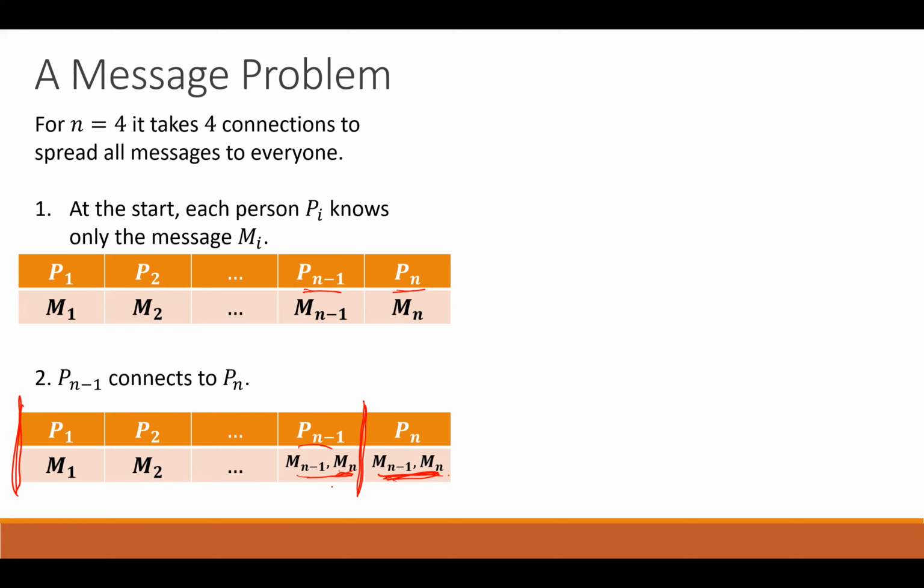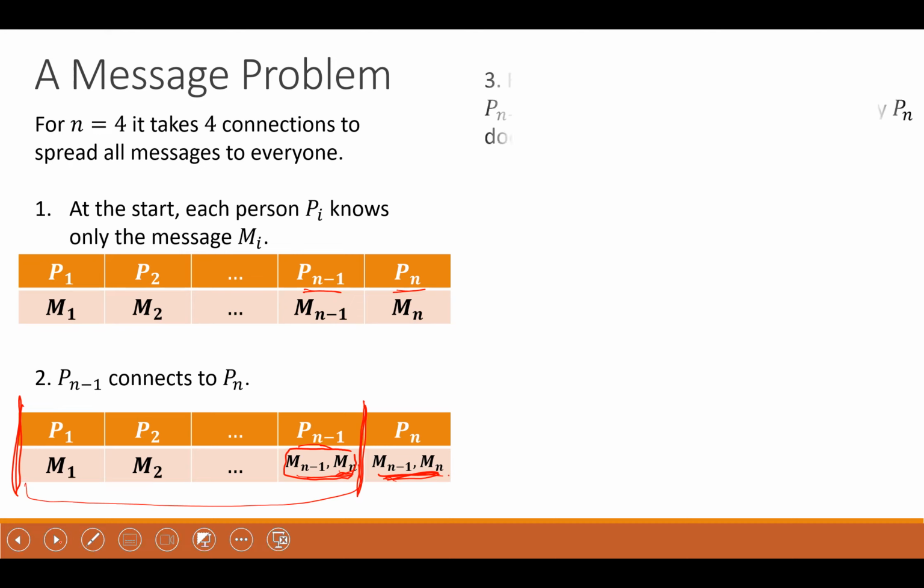So if we, in some sense, consider these 2 messages to be the same message, we recursively solve the problem for n minus 1 people, then we can assume that after that recursive call everybody here knows everybody else's message, including message n.